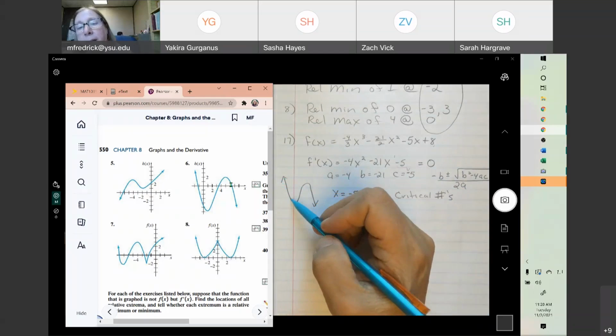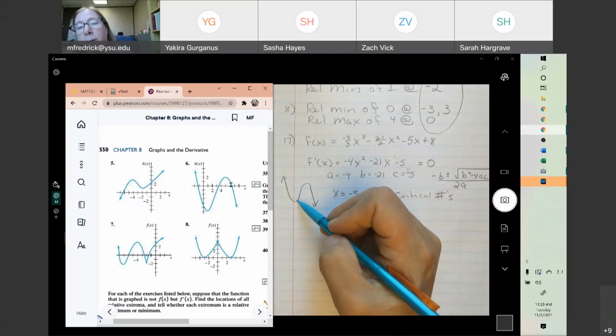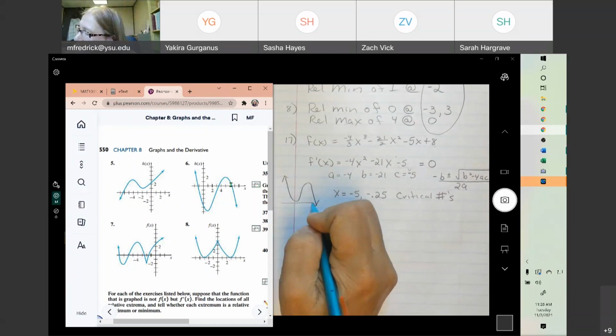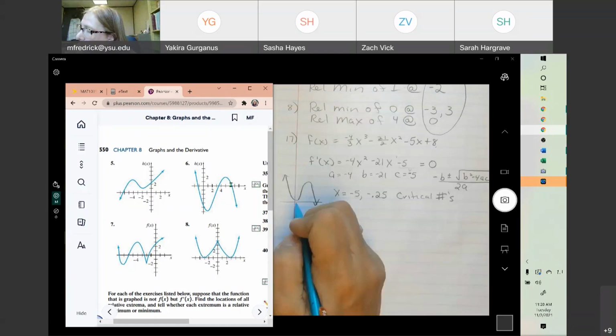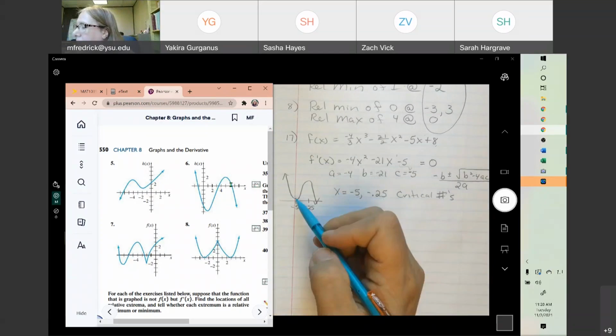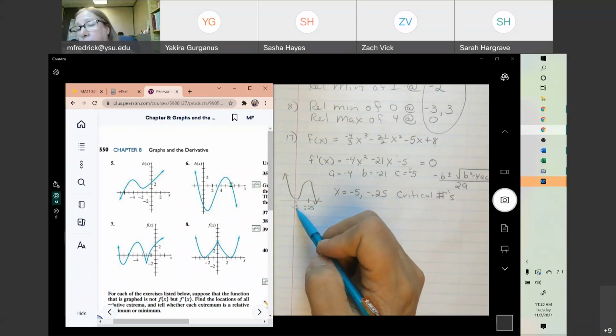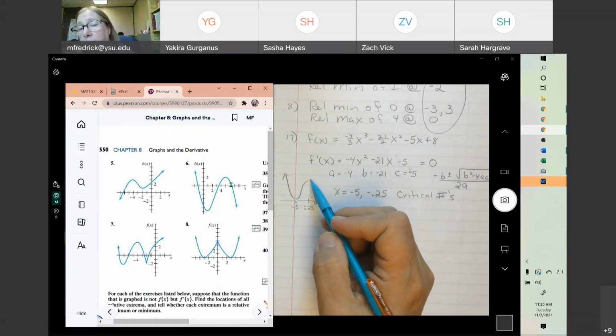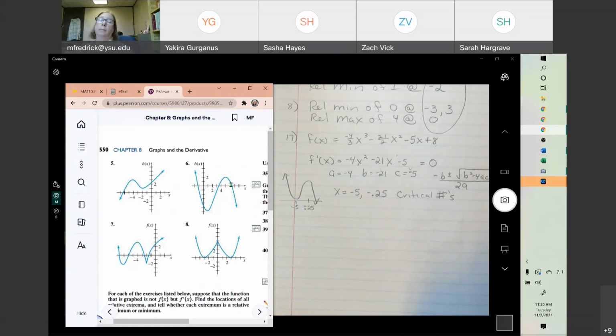This is coming down and then going up. Thinking of your number line, -5 would be here and -0.25 would be here. So this one will give a relative min, this will give a relative max. So you don't even have to graph it. You can think about what the graph should look like.